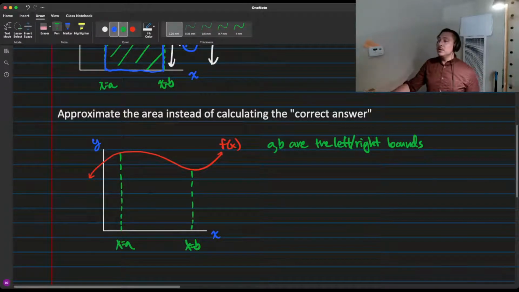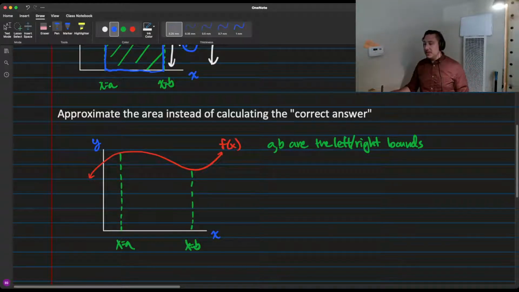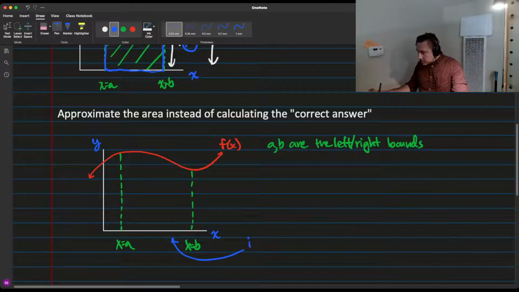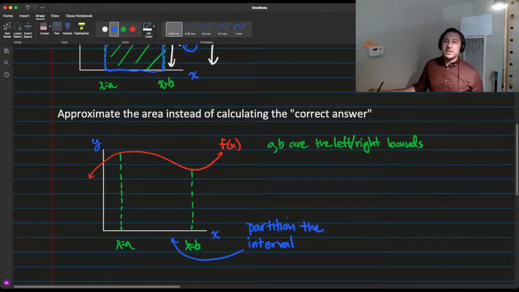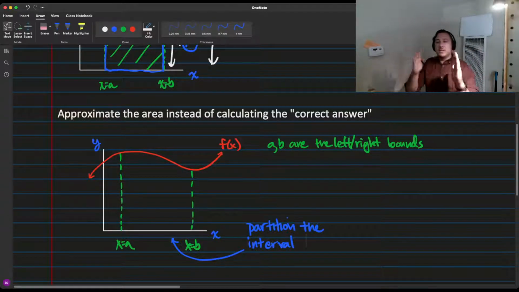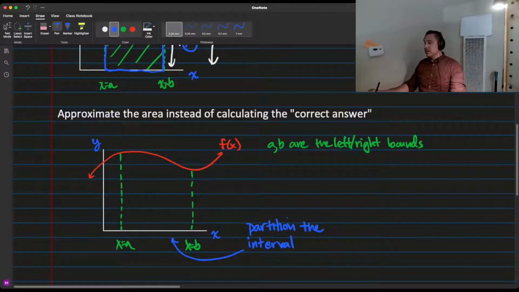Okay, so what we're going to do is this interval between a and b, down here, which I just squiggled in blue, that's an interval. What we're going to do is partition it. We are going to partition the interval. What do we mean by partitioning the interval? We're going to break it up into equally sized pieces.